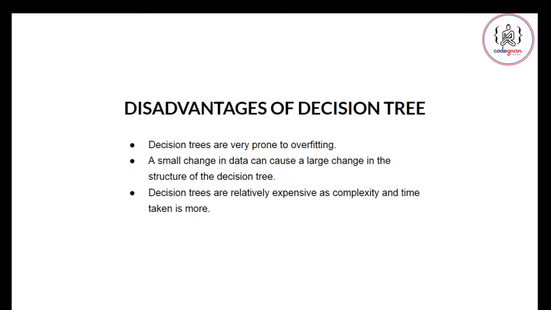I hope everyone is clear about what decision trees are, how we decide the splitting criteria, and what the advantages and disadvantages are. We have talked about all that, right? Now is the time to start coding or implementing this decision tree. So I'm going back to my Colab notebook, and we will build this decision tree on our iris dataset.